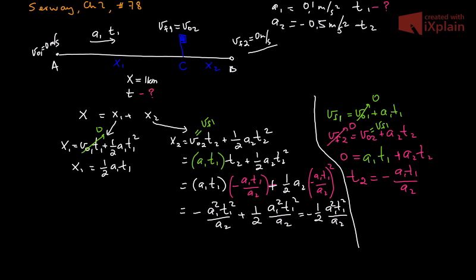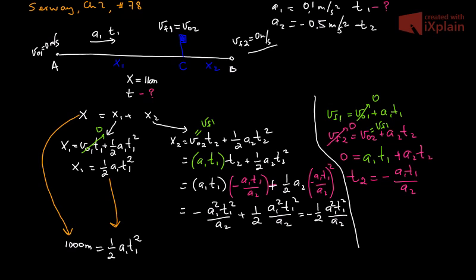Okay, let's go back to our final point where x equals 1,000 meters, which is the 1 kilometer, equals 1/2 a1 t1 squared. Look at that, I forgot a square here.